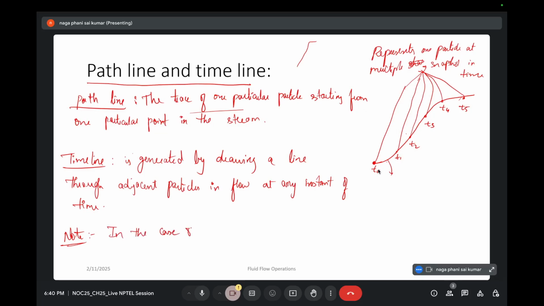In the case of steady flow, streamline, path line and streak line are all the same.